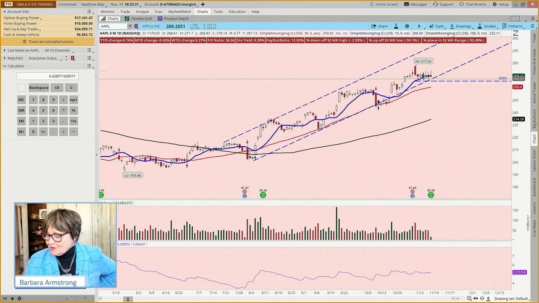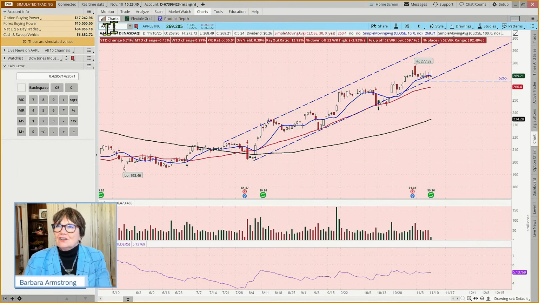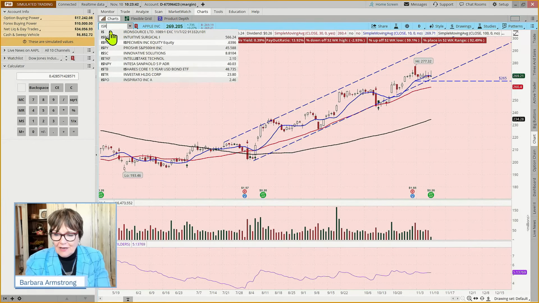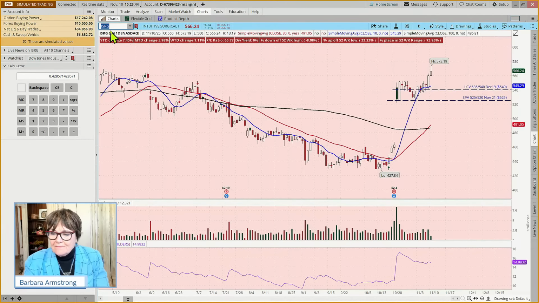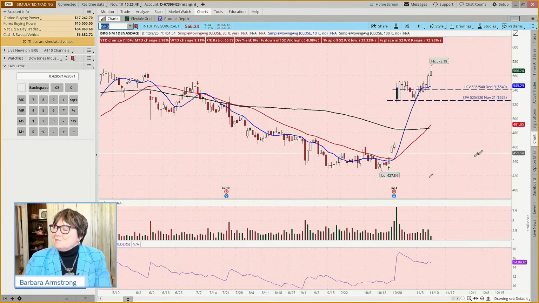So, there's our trade number 3. Now let's look at a couple of the trades that we placed last week. ISRG is one that we placed last Monday. We did both a short put vertical and a long call vertical.